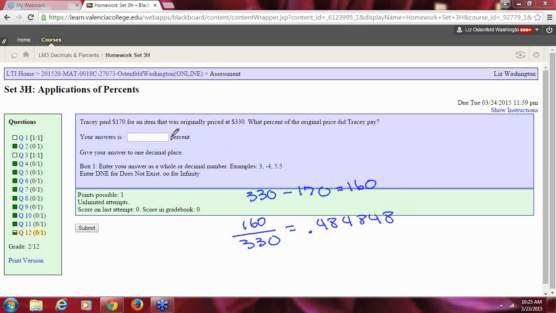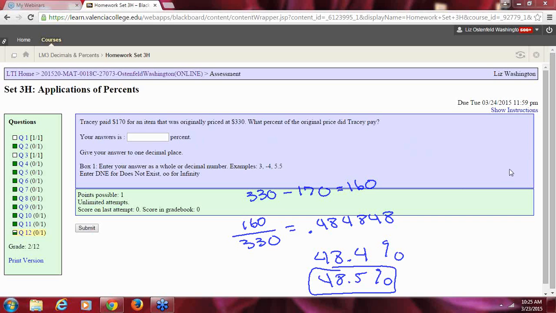Okay, it wants it as a percent, which in this case would be 48.4%. And technically, that 8 would make that 4 a 5, no? Or should I do it right here? No, that wouldn't make sense. This is the one I should type in, right? It better like me this time.